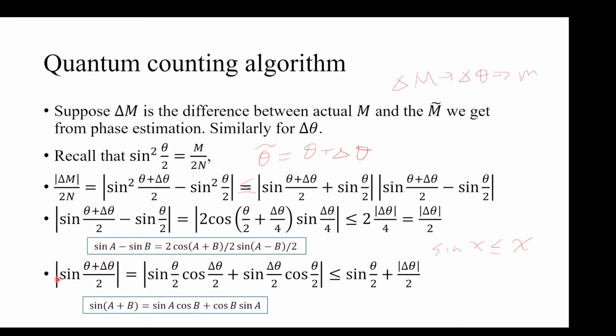I guess the first term we are doing a bit funny. We break the first term into sine theta over 2 plus the absolute value of sine of (theta plus delta theta) over 2. For the sine of (theta plus delta theta) over 2, we use sine of (A plus B), which is sine A cosine B plus cosine A sine B.